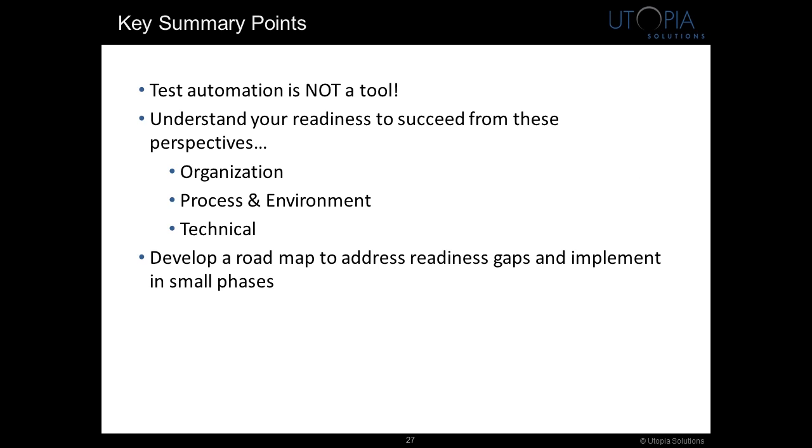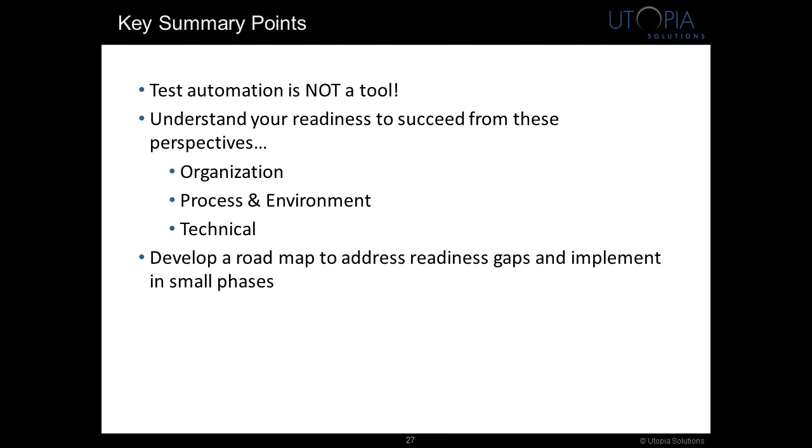Okay, moving on to key summary points. If you take anything away from this webinar, I think these are the most important. First of all, test automation is not a tool, and that really implies you need to have realistic expectations about what it means to implement automation successfully and sustain it over the long term.